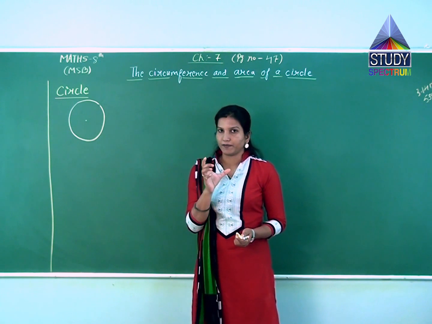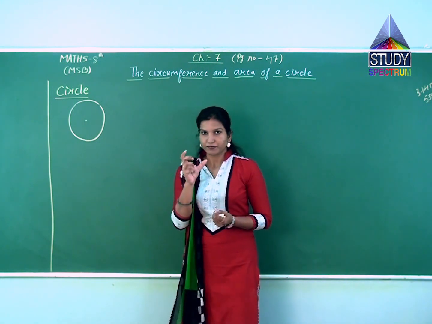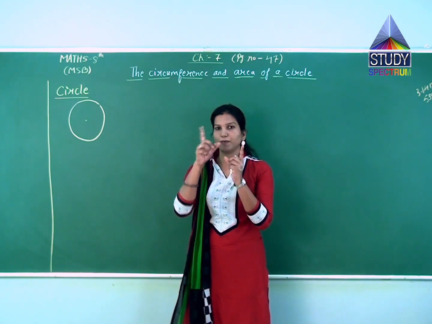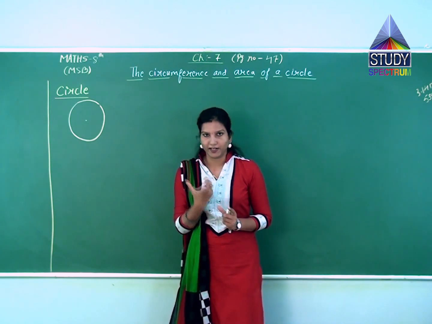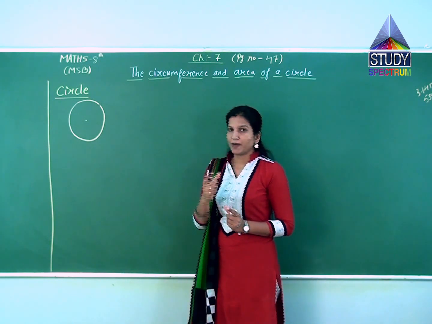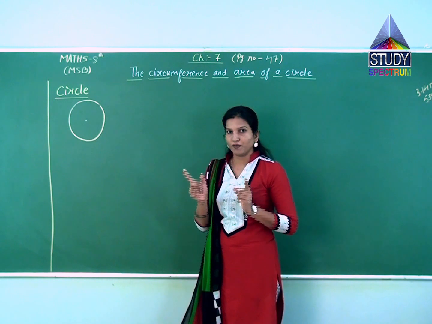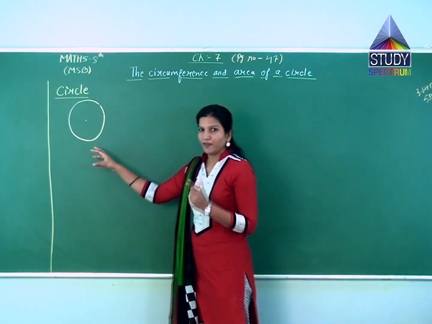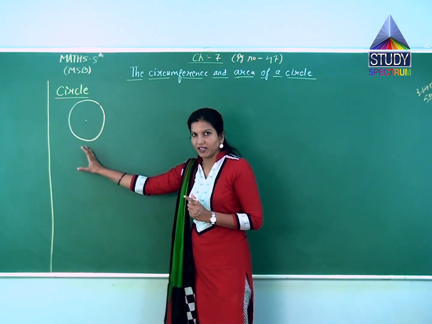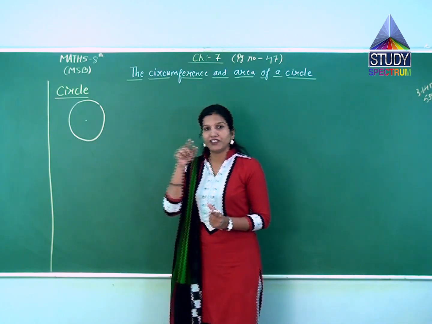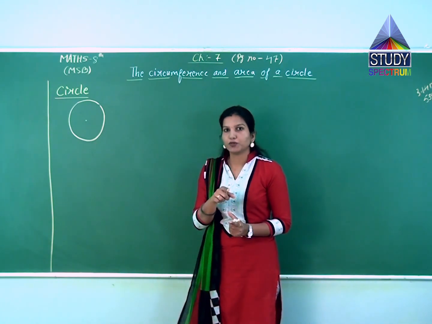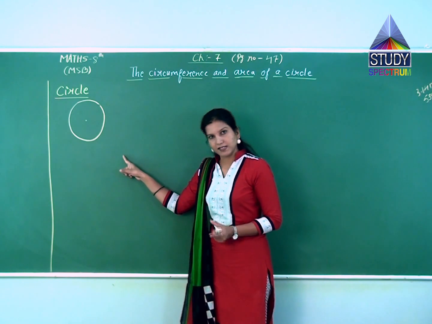If we take a wire and change the shape of the wire into the shape of a ring, then that will be a wire in the shape of a circle, and the length of that wire will be equal to the circumference of the circle.